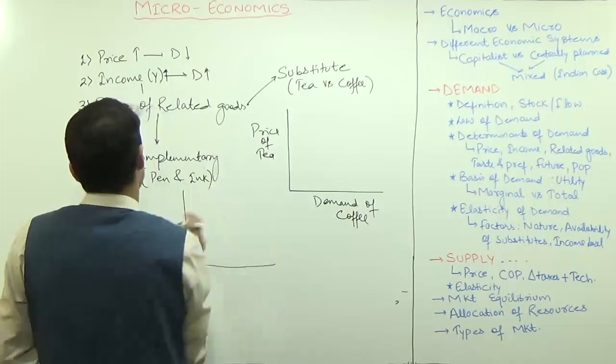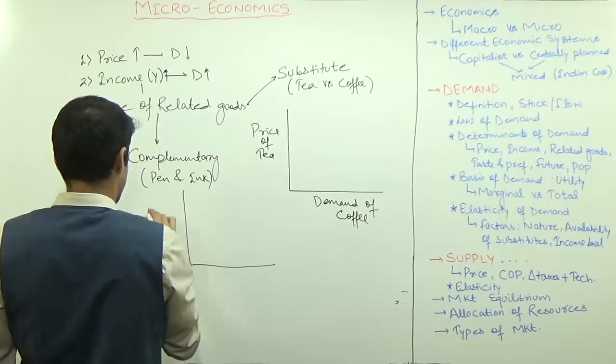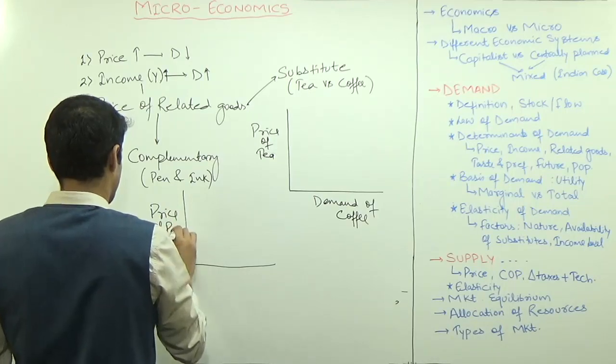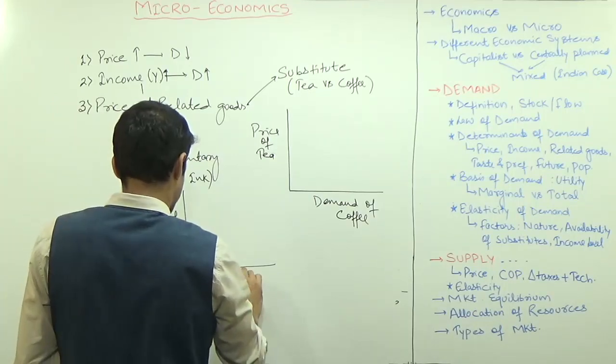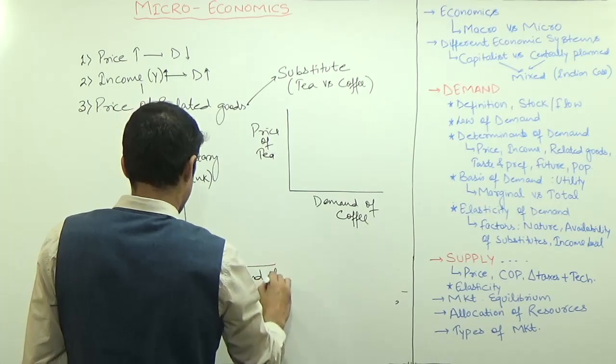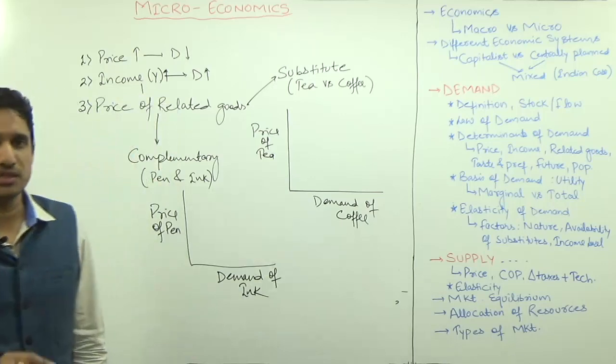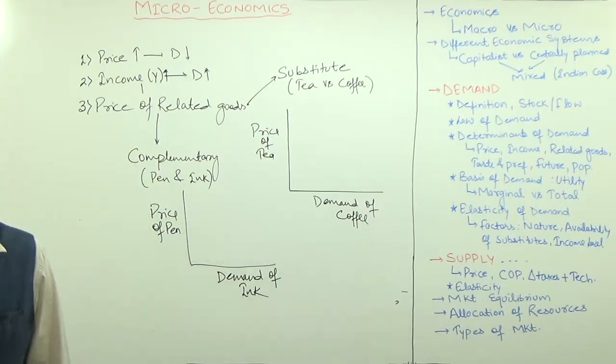So they are known as cross demand curves. So price of pen and demand of ink. You have 30 seconds to give me the answer.